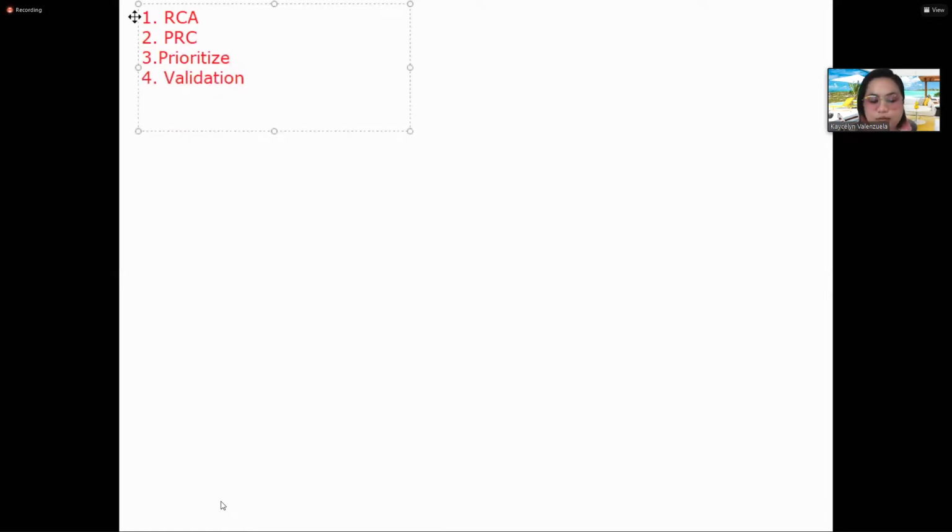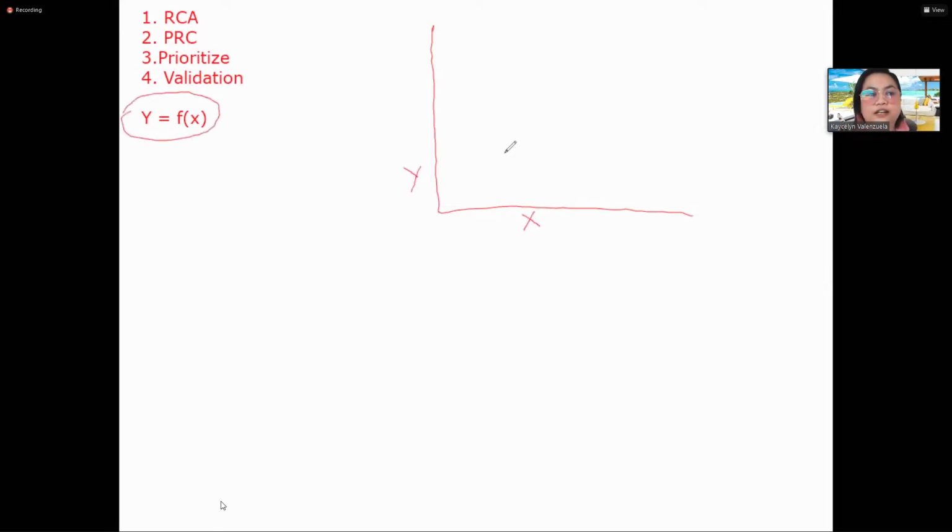When we validate and when we present graphical tools, lagi nyo tatandaan yung ating formula Y is equal to function of X. Para hindi kayo malito, in all our graphical tools, we always have an x and y axis. So, whether it's a scatter diagram, Pareto, or box plot, lagi kang may x-axis and y-axis.